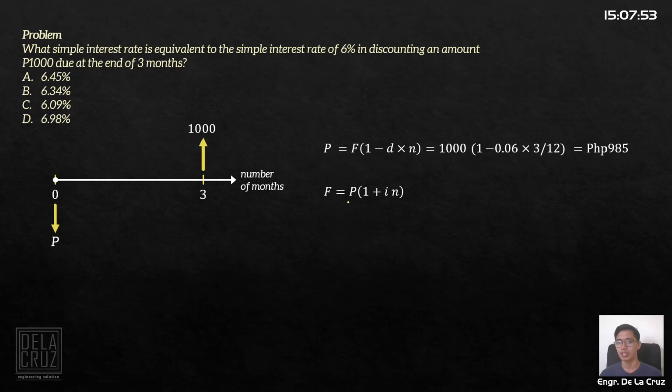No? So, yung P is 985. Yung future amount is 1,000. Yung P is 985. Then 1 plus I. So, ito na yung hinahanap natin. Same pa rin yung number of span. The span of time is 3 over 12 years. Yung makuha natin is 0.0609 or that's 6.09%.